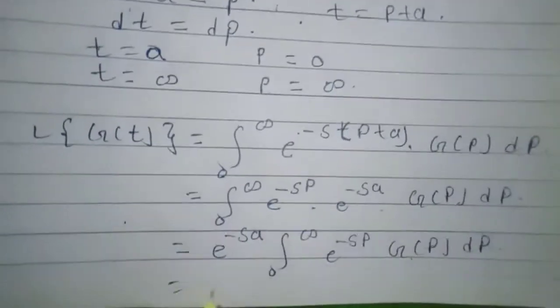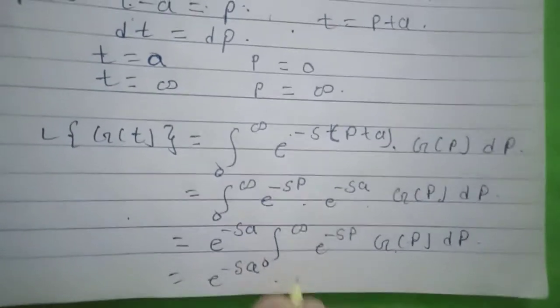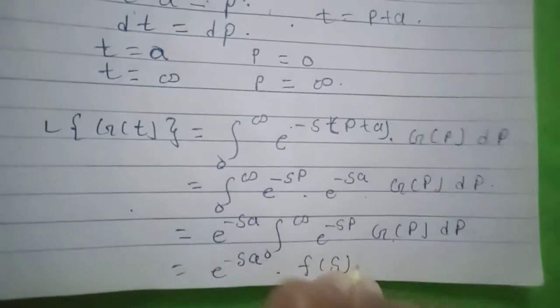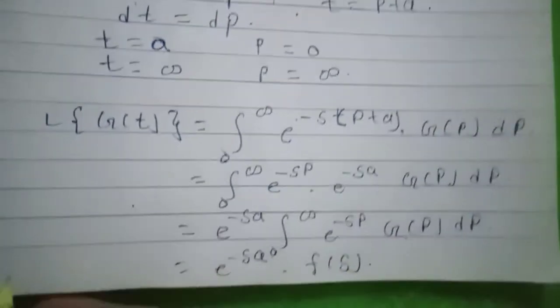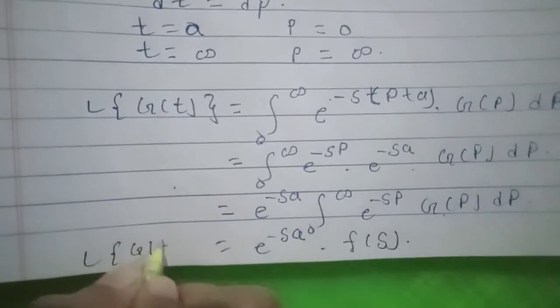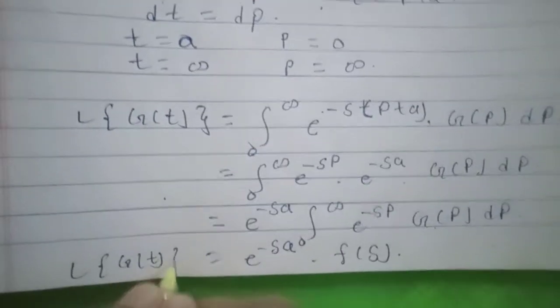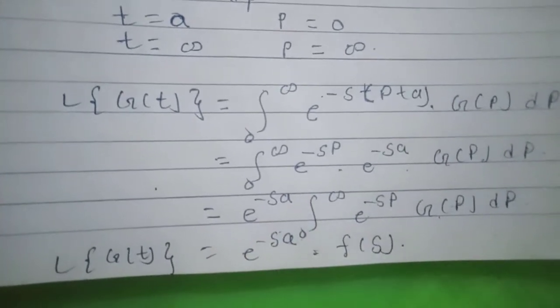So here it is equal to e raised to minus sa f of s. So our theorem is proved: Laplace transform of g of t is equal to e raised to minus as into f of s.